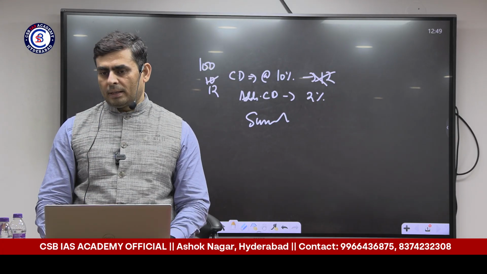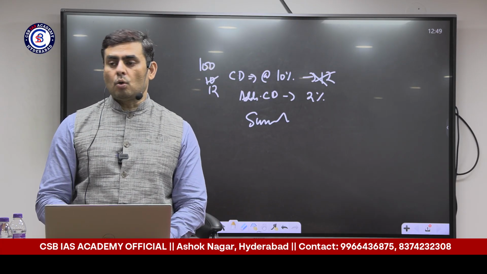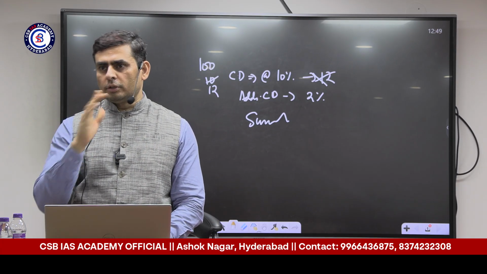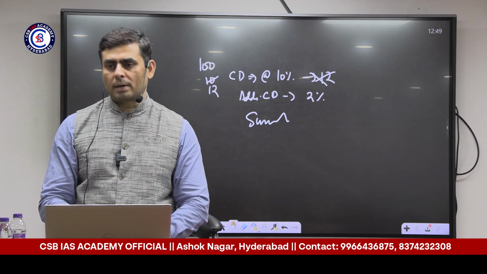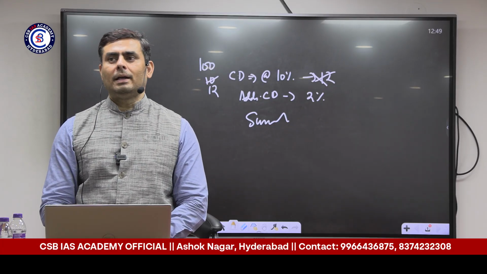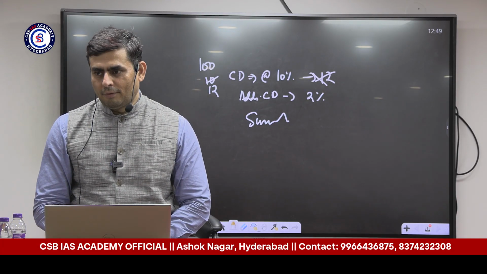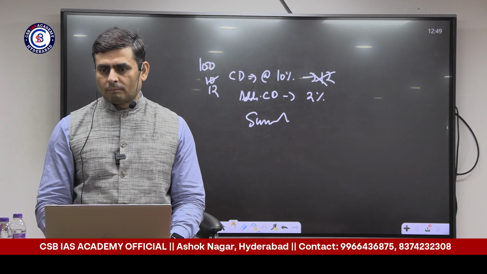Even today VAT is applicable. So when you purchase petrol, fine, diesel. If you closely observe, if you are going outside of your state, you will see the petrol prices are different. For example, in Delhi and UP, both states have their own VAT, fine.